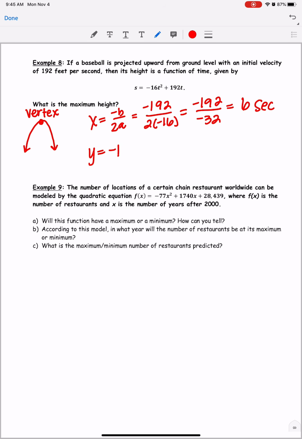So negative 16 times 6 squared plus 192 times 6. Calculator work. We're going to get 576. And what unit are we in as far as measurements? We are in feet.